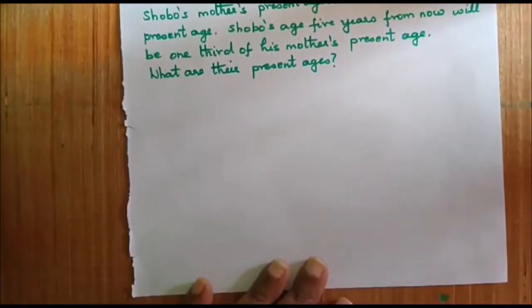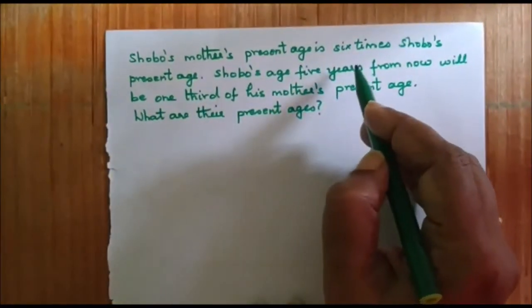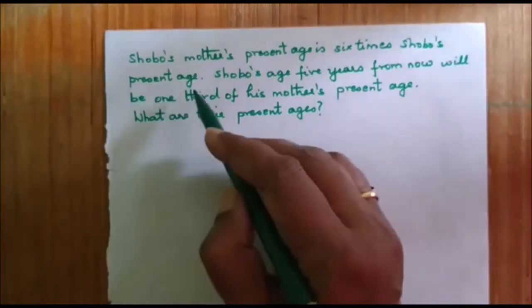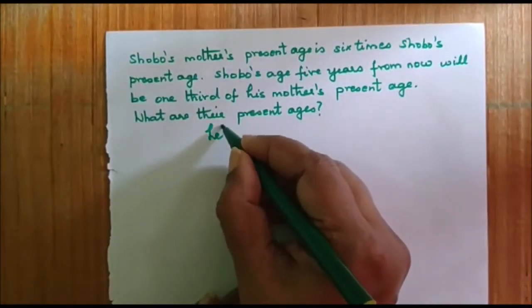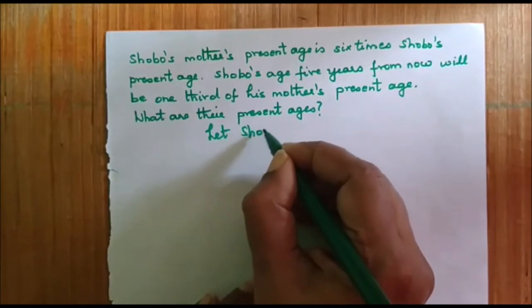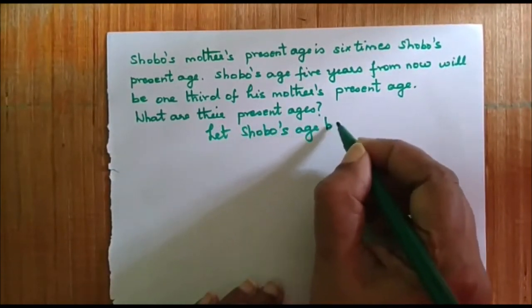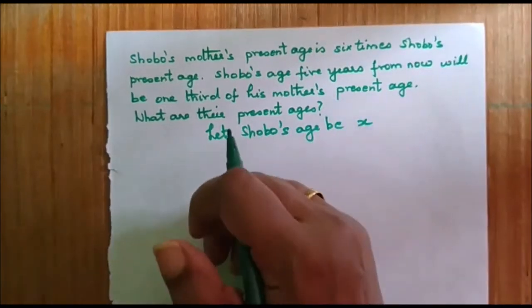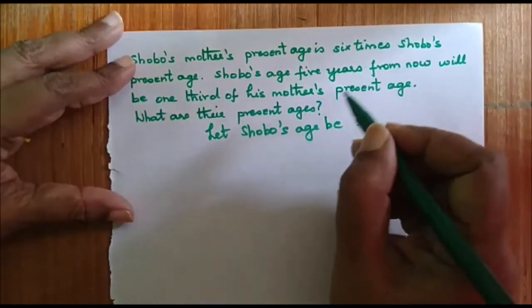Okay, now we have another problem. Shobu's mother's present age is 6 times Shobu's present age. So now what we'll do, let Shobu's age be x. Okay, now it is given that Shobu's mother's present age is 6 times.